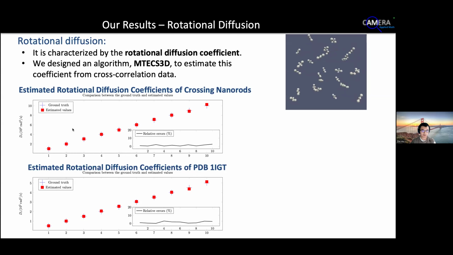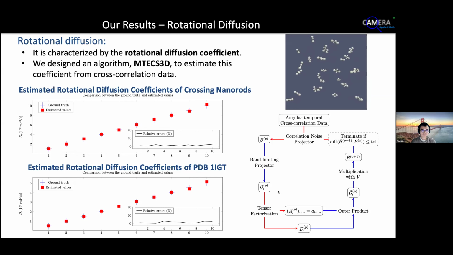In this image at the bottom left, we show the results from two simulated systems, in which different structures are simulated and different ground truths of the rotation diffusion coefficients are selected. The ground truth is represented by the cross, and the estimated values are represented by the red square. We can see the red squares almost overlap with the ground truth. The inset in the plot shows the relative errors between the estimated value and the ground truth. All the relative errors are at the level of only a few percent.